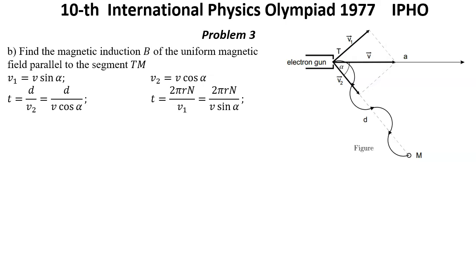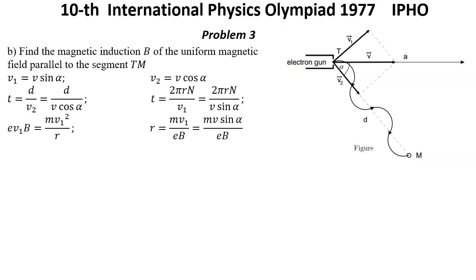The Lorentz force must be equated to the centripetal force. Hence we can calculate the radius of the circular trajectory. So we have ev1B equals m v1 squared over r. It means that radius r equals m v1 over eB, or equals m v sine alpha over eB.